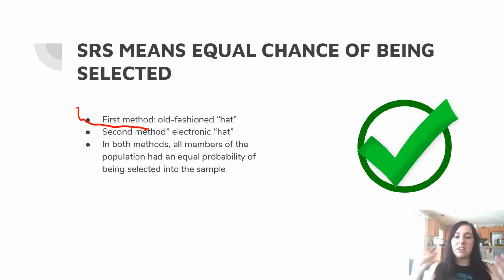You can literally put numbers into a hat and choose one, or however many you need for your sample, and everything in there has the exact same chance of being selected, right? And then for the second method, we can actually do an electronic version as well.